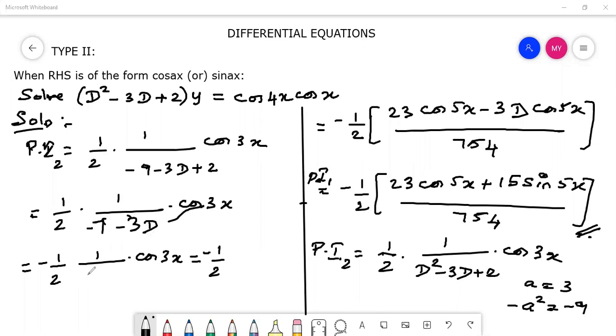So after taking the negative symbol, it will be 7 plus 3D. The conjugate for this is 7 minus 3D over, now we have to apply the a plus b into a minus b formula. It will be a square minus b square. So we'll be having minus 9D square into cos 3x.